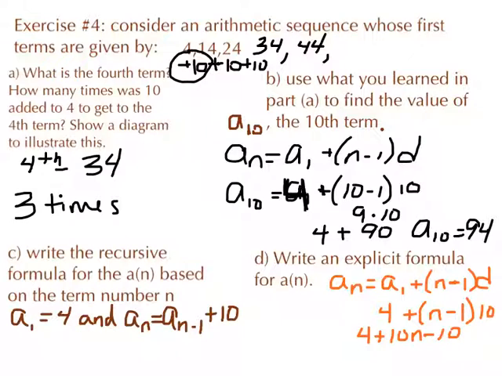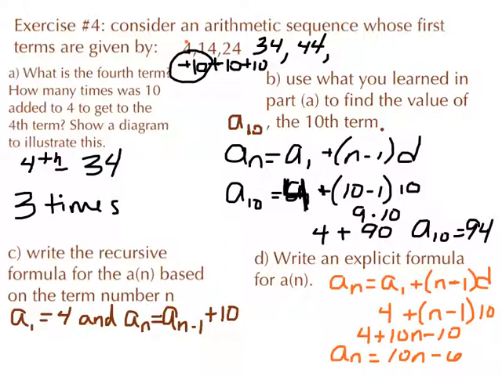So my explicit formula is a sub n equals 10n minus 6. And let's see if that works. 10 times 1, if I'm looking for the first term, is 10, minus 6 gives me 4. Does that work?